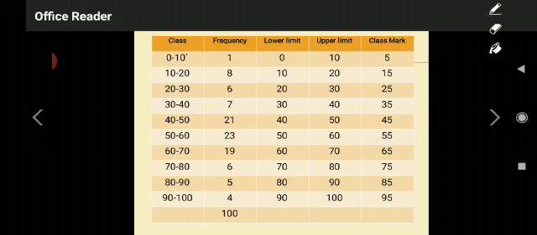Okay. So here, one more important thing you have to observe. As I said in the beginning, in the meaning of exclusive method, the upper limit of the first class interval and the lower limit of the second class interval remain the same. If these two remain the same, in calculation what you have to do?